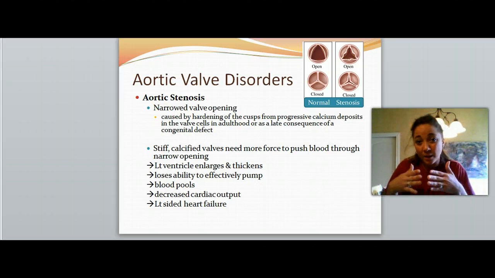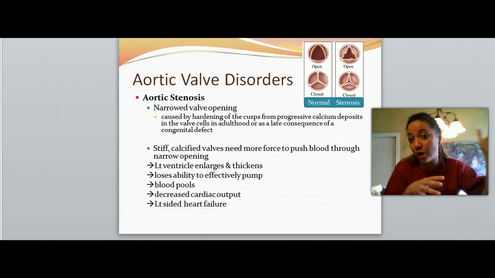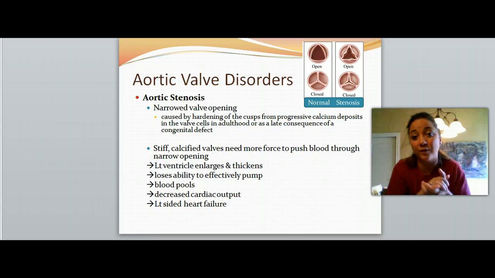Okay? Because we're talking specifically about that aortic valve. That aortic valve is the one that leads the blood out to the body. And the last chamber that the blood is in before it goes out to the body is that left ventricle, right? So the blood is just kind of pooling there. It's staying there. The heart will eventually lose its ability to pump effectively and get the blood out of the heart and to the rest of the body.